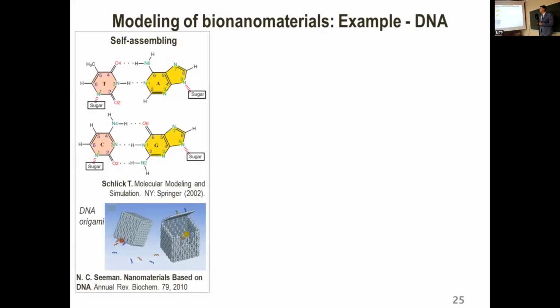And in this case, DNA is a very promising biomaterial because this molecule has unique properties, providing very important features that can be used in technology.